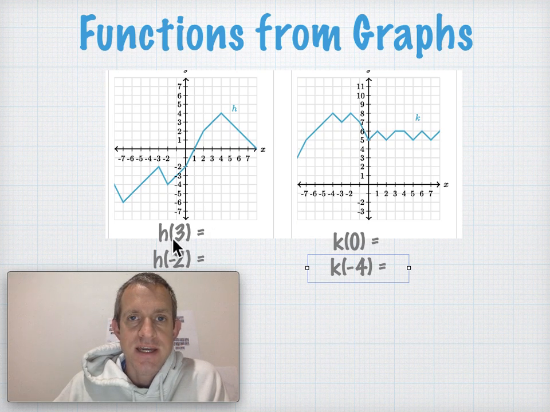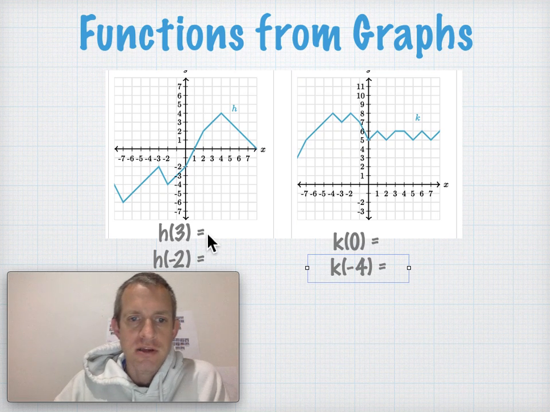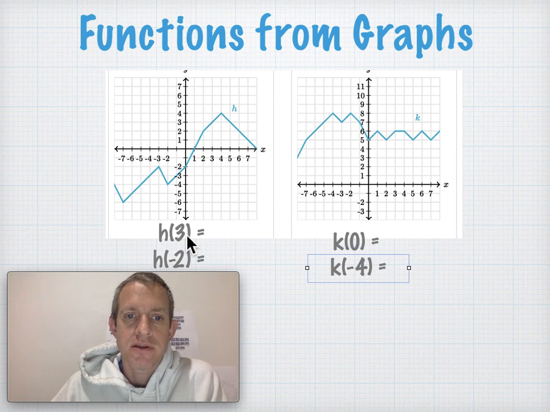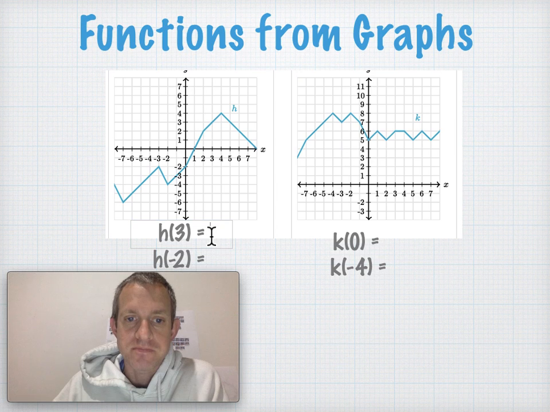When this says h of 3 equals something, it means figure out what output you get when you put in a 3. In other words, what y coordinate do you get when you put in a 3 for x? Here's the 3 for x, that's our input, and the output that we would get, coincidentally, is also a 3.